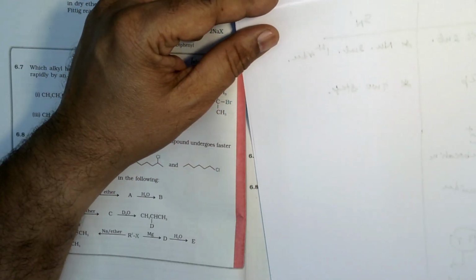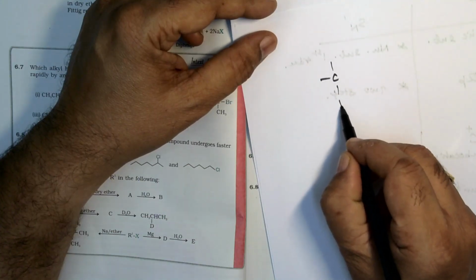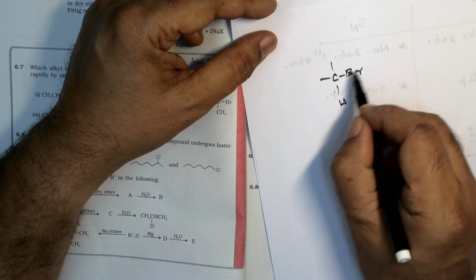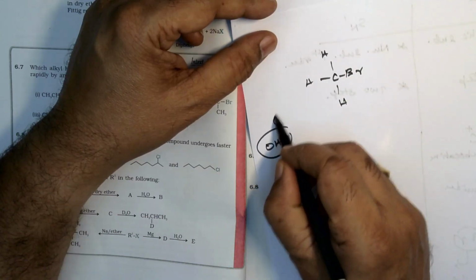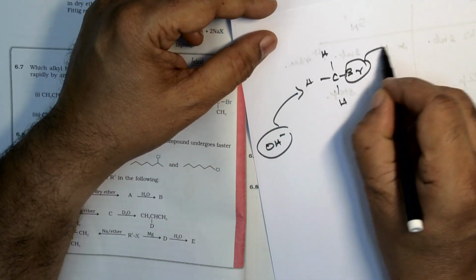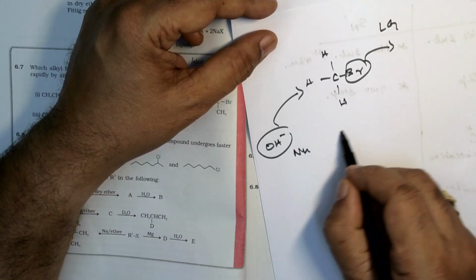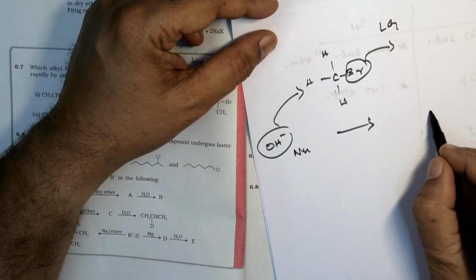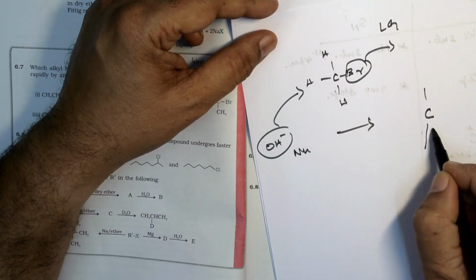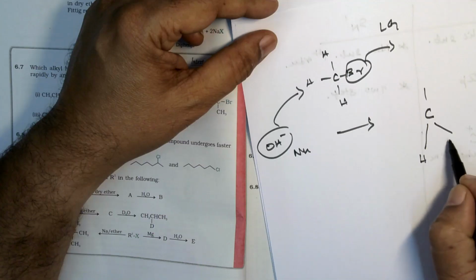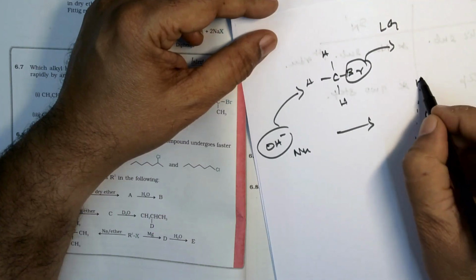So here, let me take the substrate, that is CH3Br. The attacking species is OH minus. This attacks, and this is released. This is the leaving group. This is the attacking nucleophile. So that forms a transition state. So this becomes a single plane like this, a triangular plane.